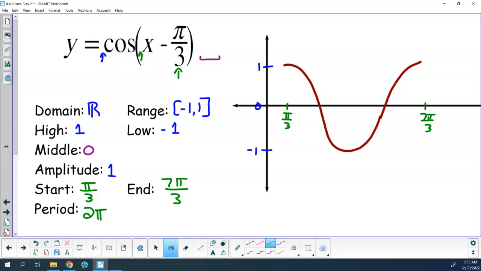Right? I got to take the average of those to get me this middle. Quick way, just deal with the numerators. Okay? 1 plus 7 is 8 divided by 2? 4. So this middle is 4 pi over 3.